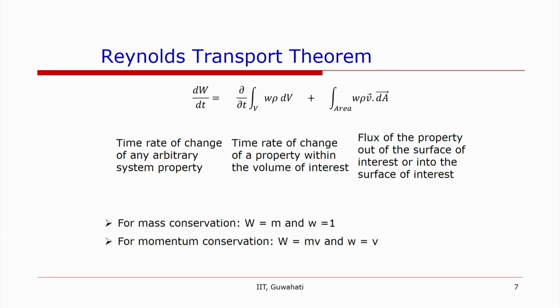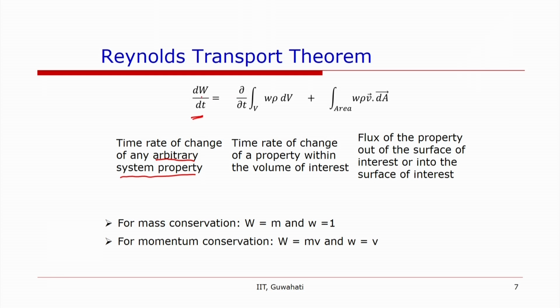Let us say W is any arbitrary property of the system, and it says that the time rate of change of any system property, so how this property changes with time, is equal to the time rate of change of a property within the volume of interest.